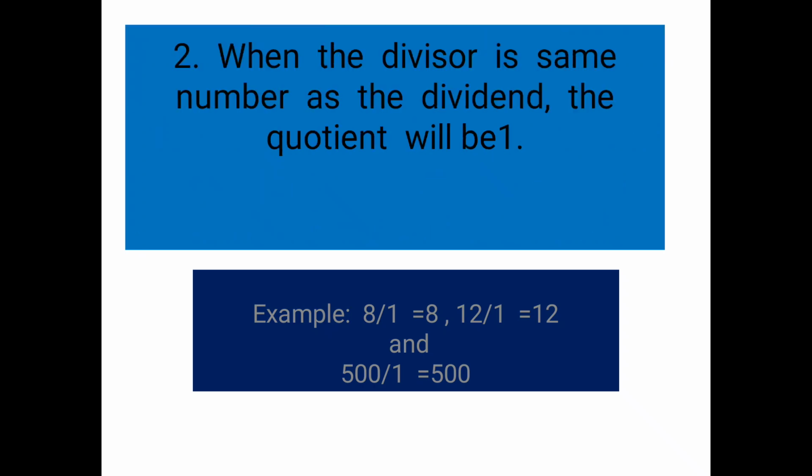Now, when the divisor is the same number as the dividend, the quotient will be 1. If you are dividing 8 by 8, then you will get quotient 1. If you are dividing 12 by 12, then the quotient will be 1. If you are dividing 4000 by 4000, then the quotient will be 1.